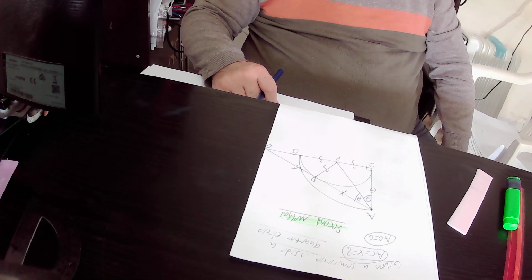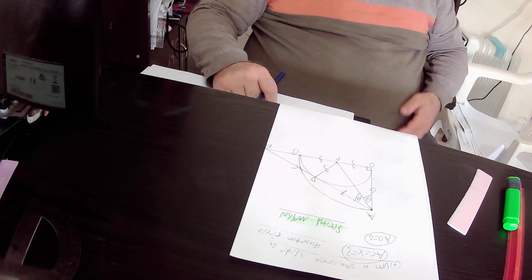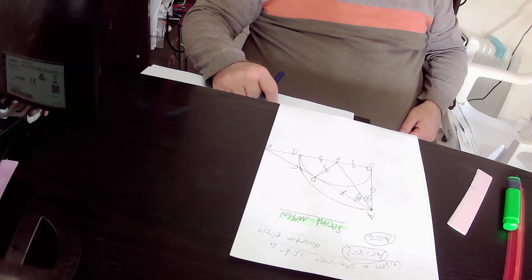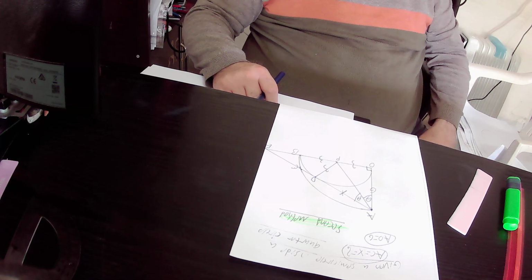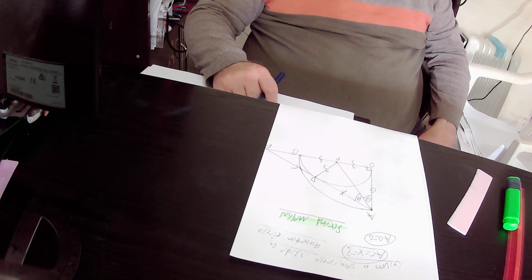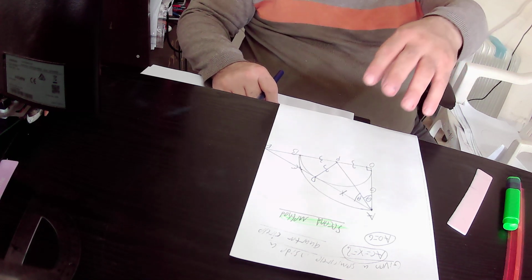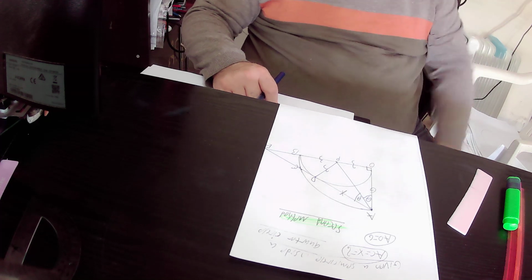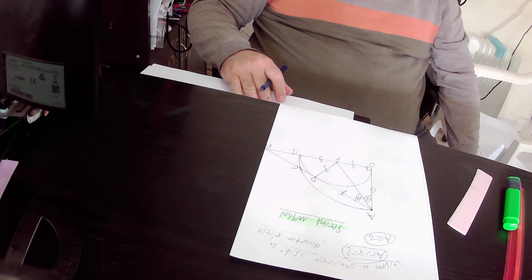So we can implement the angle bisector theorem in the triangle AOE. But first of all, I will present to you what the angle bisector theorem is, and then we will implement the angle bisector theorem on the right triangle AOE. Okay?